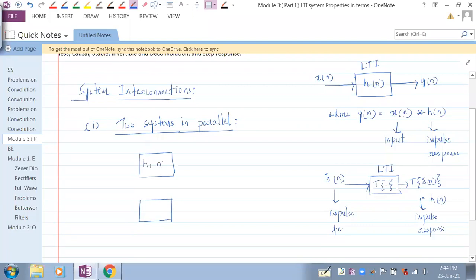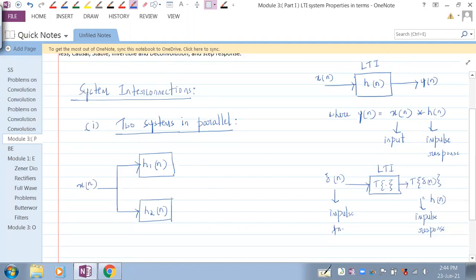So let this LTI system have the impulse response h1 of n, and the second system have the impulse response h2 of n. Fine. Now I'll apply the same input to both the LTI systems. See here, direction is important because it's input. So what we're applying is the same input x of n.